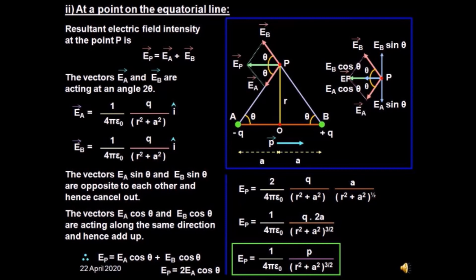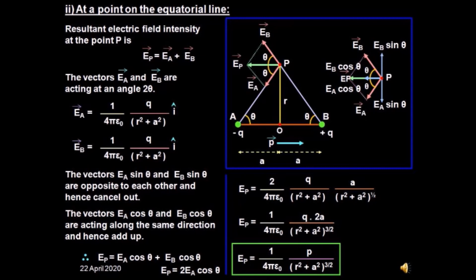Cos theta we can get from the diagram. Let us see the APO triangle or BPO triangle. In that we want cos theta. The cos theta formula is base upon hypotenuse. So base is A and hypotenuse is root of R square plus A square.